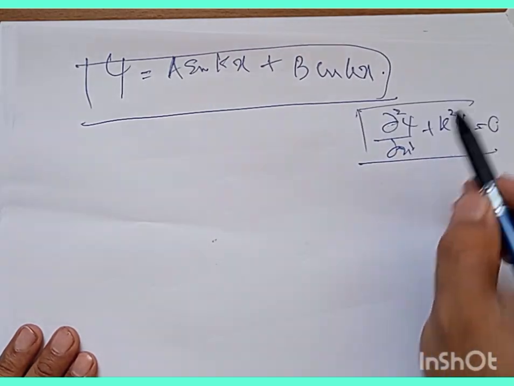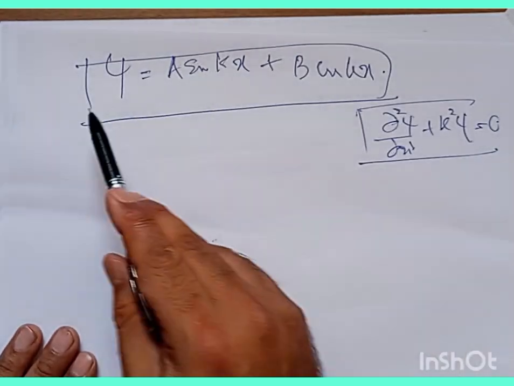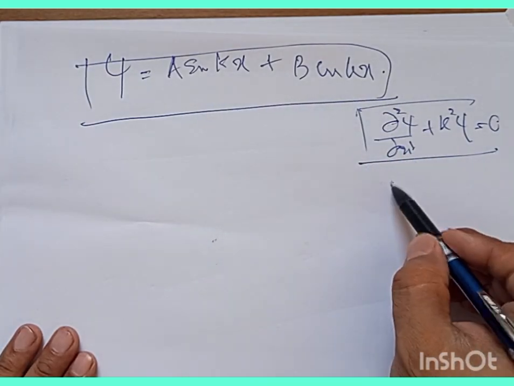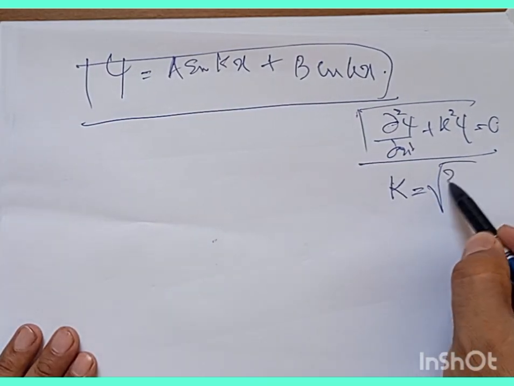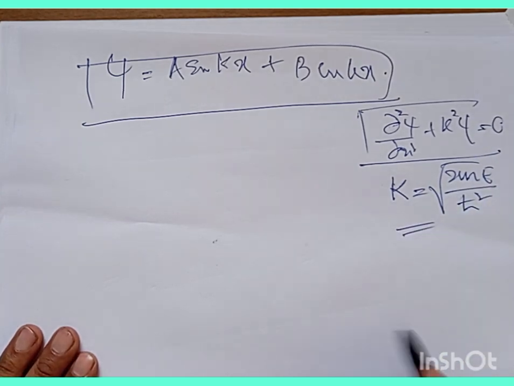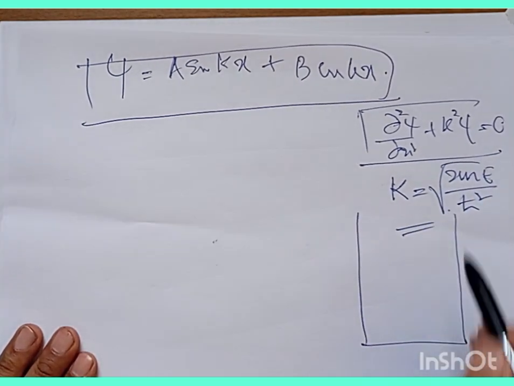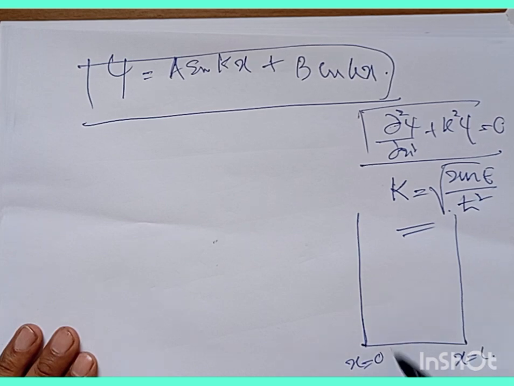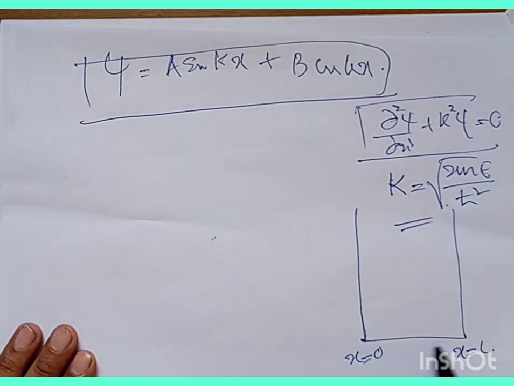So choosing the solution for psi as a sin kx plus b cos kx, where k is the square root of 2mE/ħ². Now we have a situation like this: the particle is bound between two infinitely hard potentials, so that this particle has no probability of being present outside this domain.